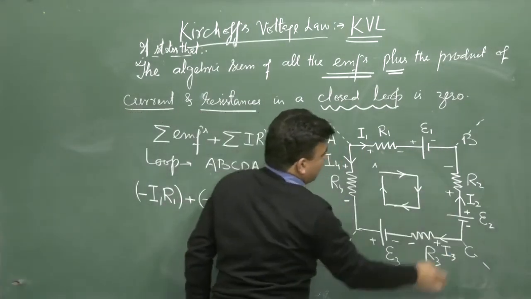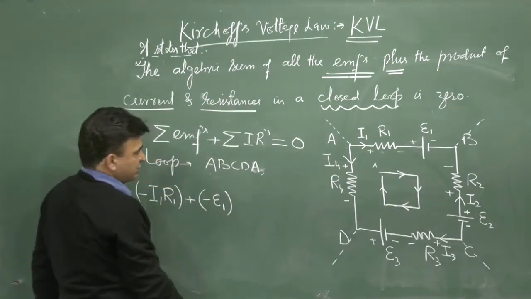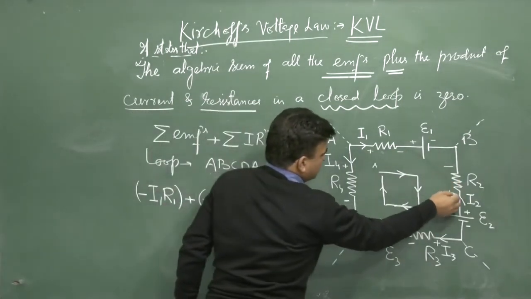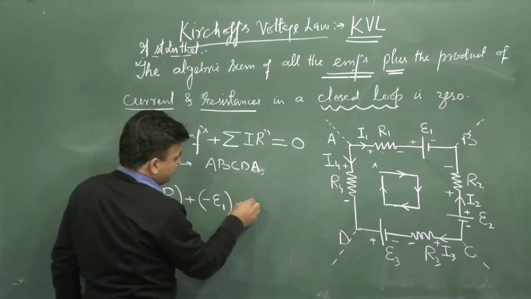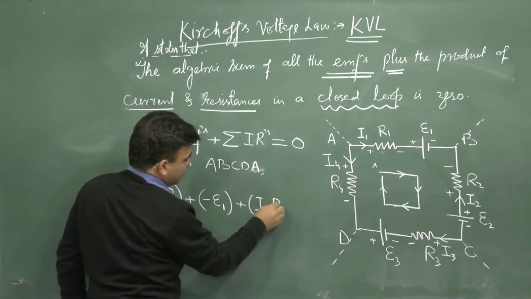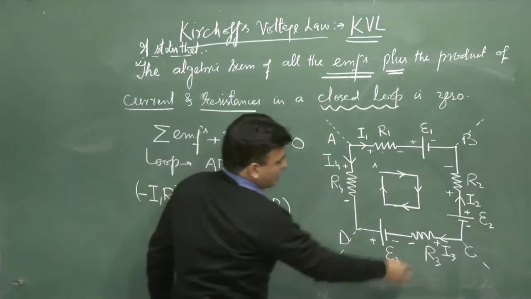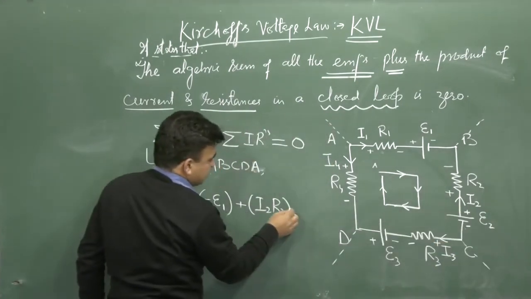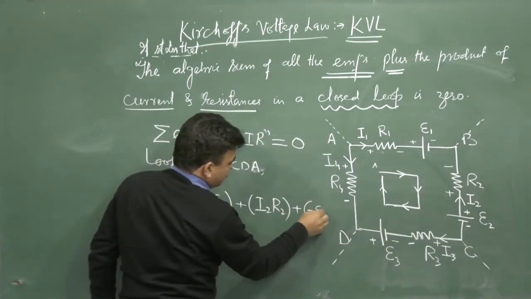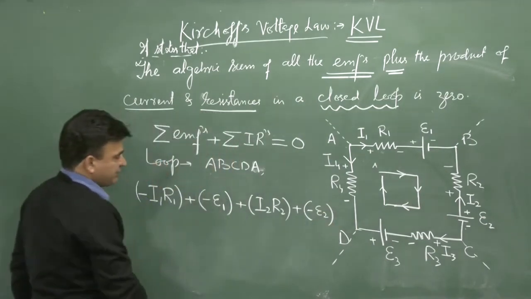Now let us move from B to C. From B to C, we are moving from minus to plus, so there is an increase in potential, and I2 R2 will be taken as positive. Plus to minus is a decrease in potential, so E2 will be taken as negative.